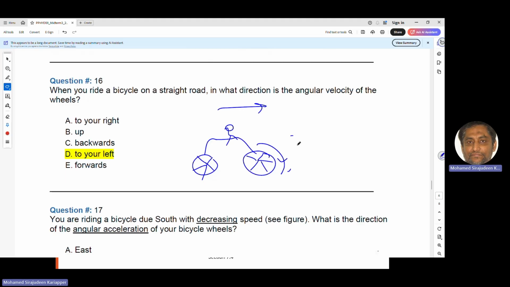The thumb is pointing to the rider's left. So you are the rider. So to your left. Okay. So it's a nice question. You will see that I repeat this question in different forms. You got it now?